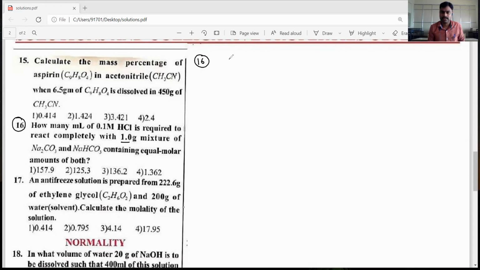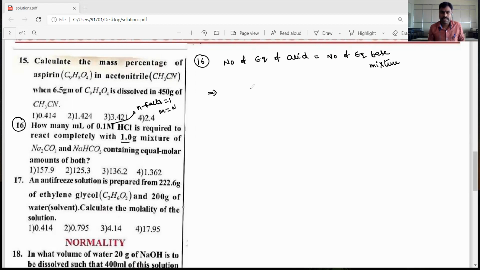For acid and base, the number of equivalents of acid is equal to the number of equivalents of base mixture. Okay, dear students. The acid HCl they gave has N factor equal to 1. That's why its molarity is equal to normality.